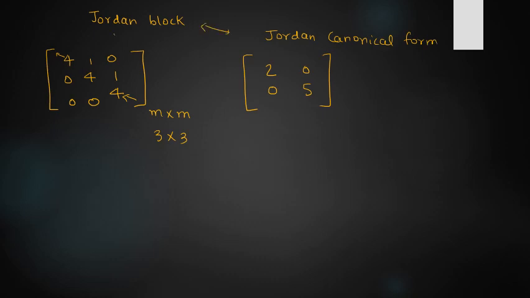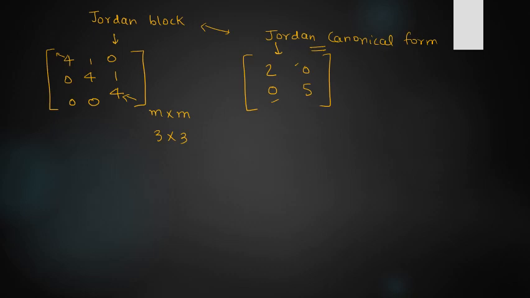In Jordan block, your diagonal elements must be same, but in Jordan canonical form, diagonals need not be same. And thereafter all the elements other than the diagonal, if you see here, what are they? 0, correct?